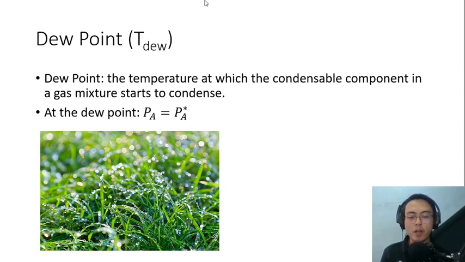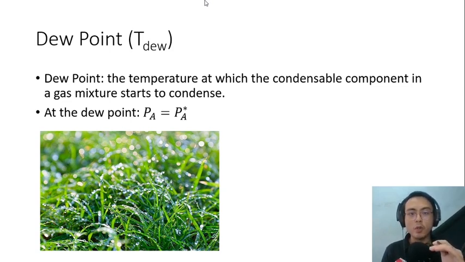For our previous example, the problem explicitly stated that the vapor phase and the liquid phase are in equilibrium with each other. When we are talking of the dew point itself, it is an equilibrium condition. Whenever you read something that is at the dew point, that means that the partial pressure of the condensable component is equal to its vapor pressure. Automatic. At the dew point temperature only.